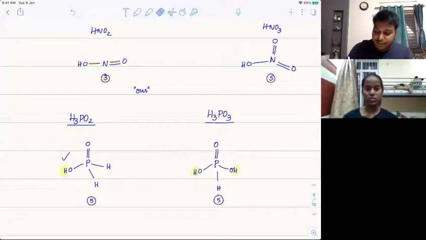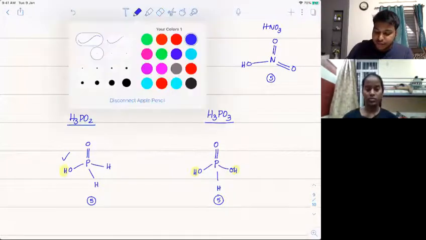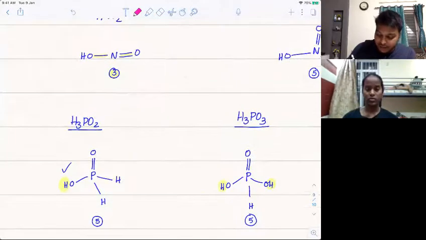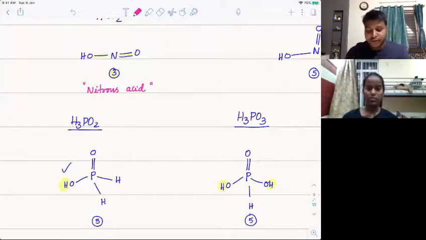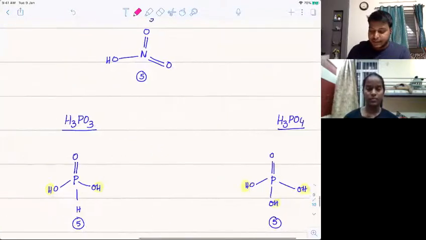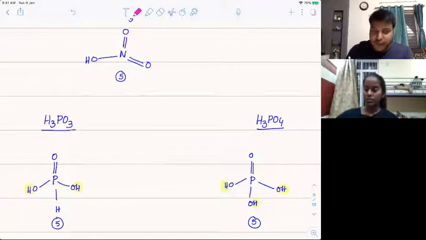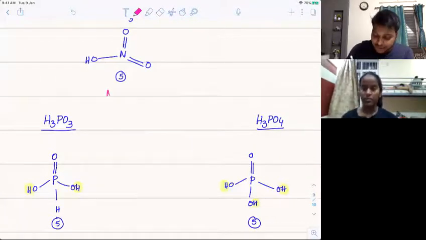So that's why the name of this acid is nitrous acid. I hope you understood. Next, higher valencies will always have "ic". That's why it is called nitric acid.